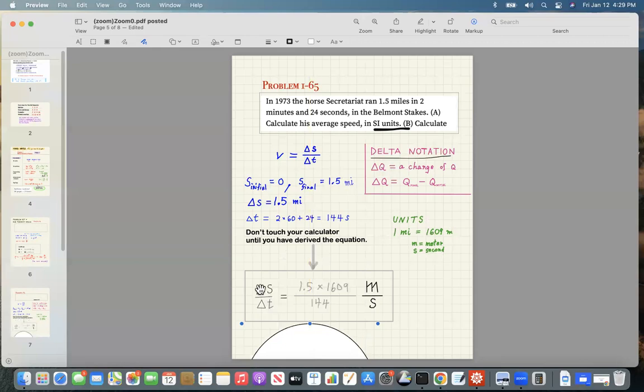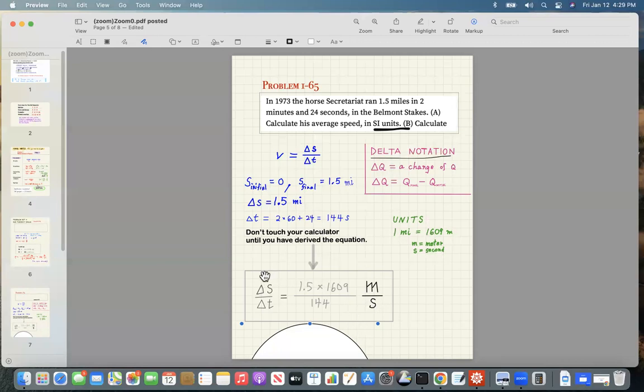So we can say delta S over delta T is, well, in the numerator, we have 1.5 miles, and for miles, we'll put in 1,609 meters. And in the denominator, we have delta T, which is 144 seconds.